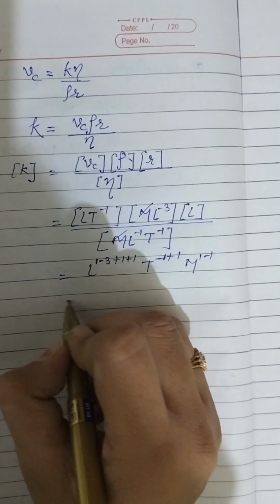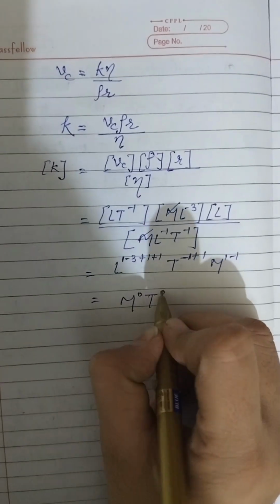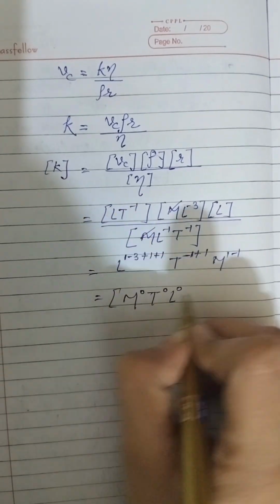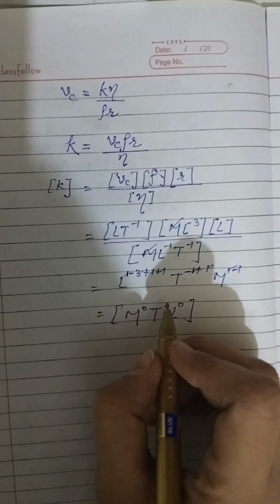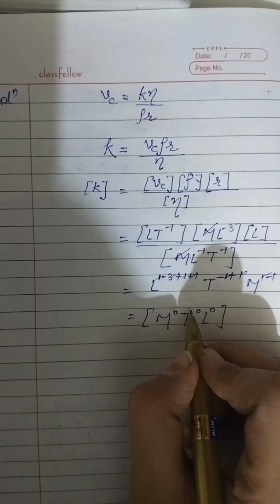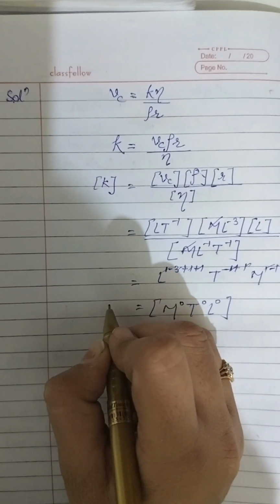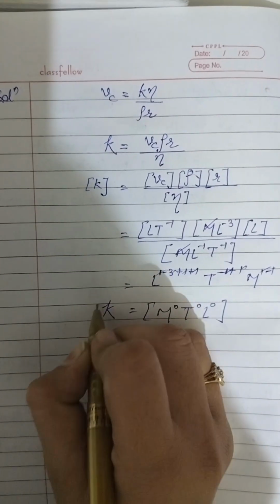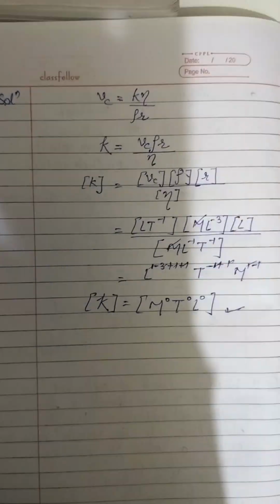So here we can find out the value of M naught, T naught, and L naught, because all of these cancel out. So we find that the coefficient, Reynolds constant, is also dimensionless. Thank you.